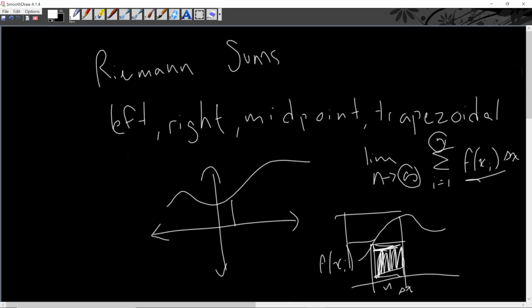You have a given number of subintervals, so you don't have an infinite number of them, so we can actually use our formal definition so that we can get some kind of an answer, but it won't be as accurate as an actual definite integral.